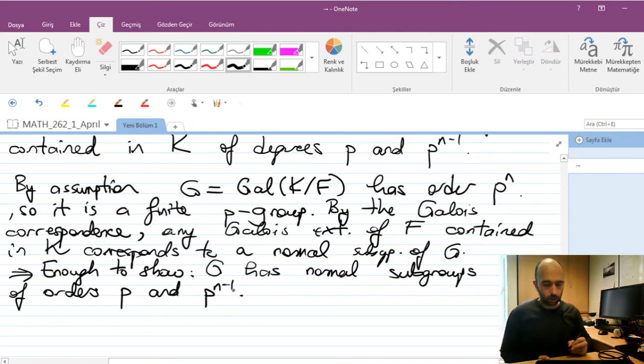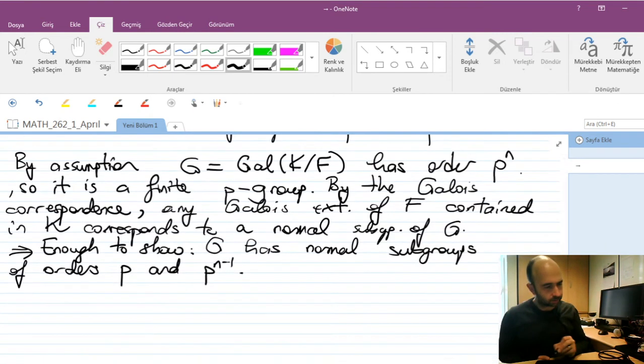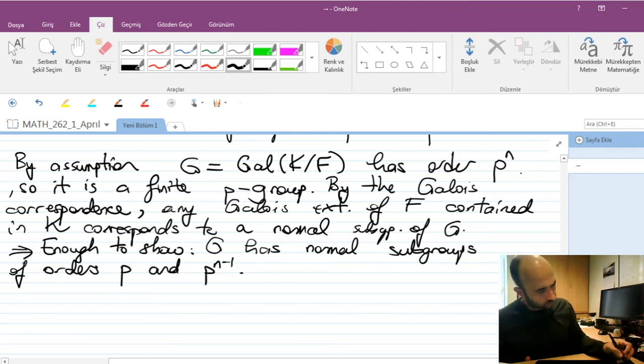Now, this is kind of a standard fact about p-groups, but let me try to prove it anyway. There's a stronger result, more is true.